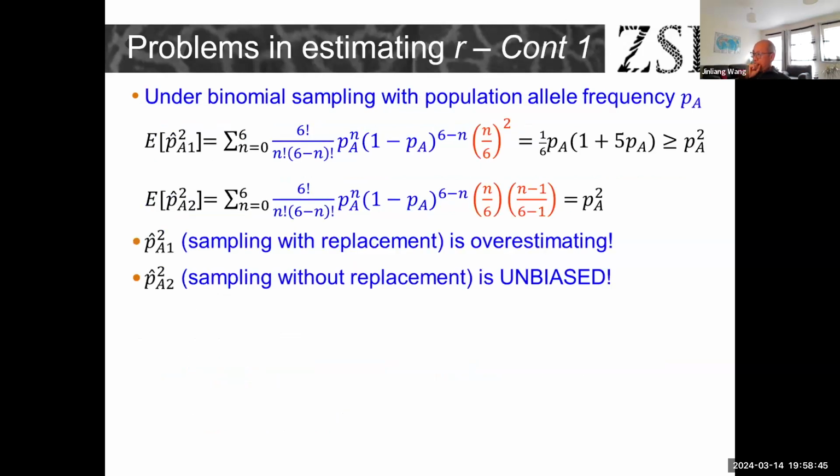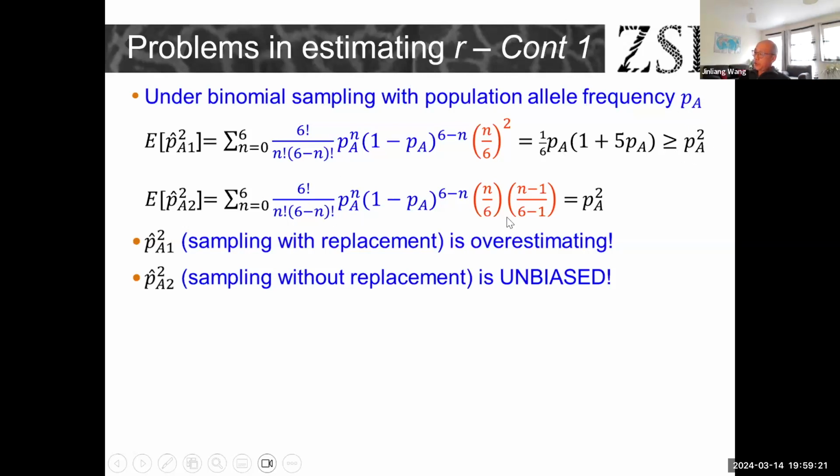So here is a more complete description of the bias of pA squared. If you use the first formula of sampling with replacement, that is, you're assuming the sample size is big, you get a biased estimate here. This is the expected value. It is always not smaller than the truth, that is pA squared.